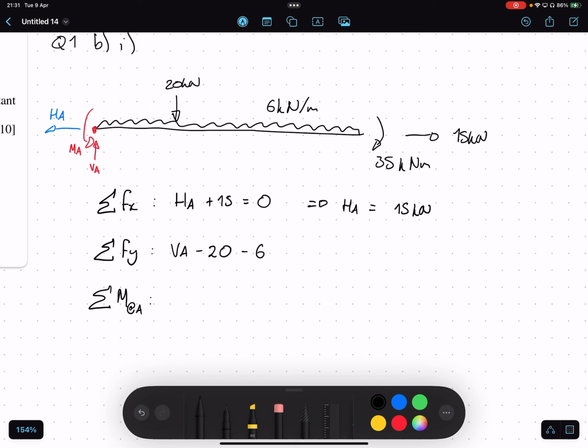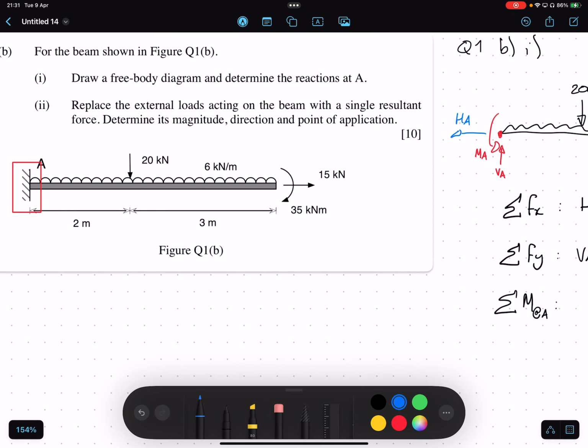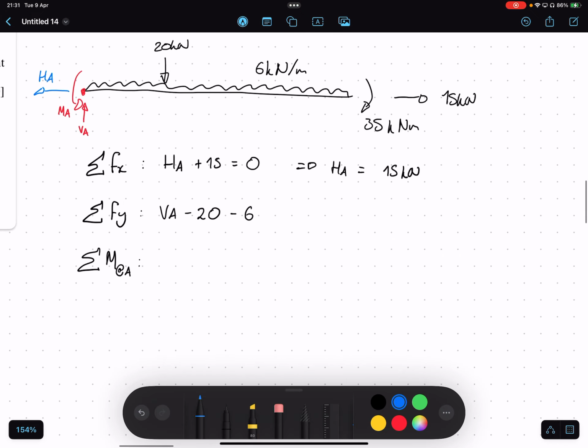But given that this is 6 kilonewtons per meter, and we have a 2 plus 3, so in total a 5 meter beam, we need to multiply our 6 by 5 to give us the full load.